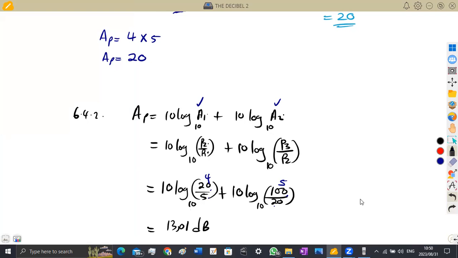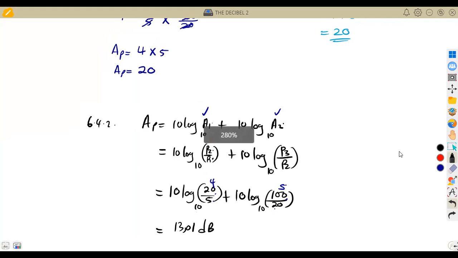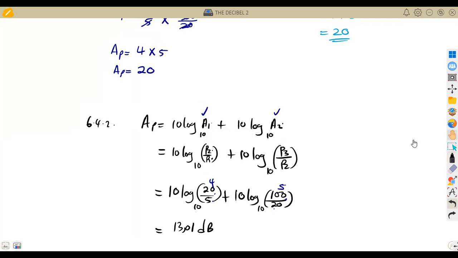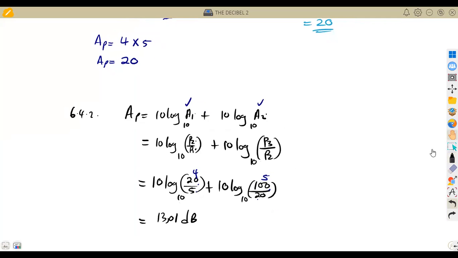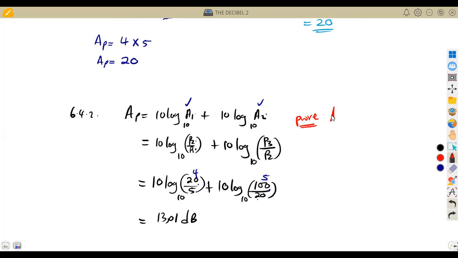That's what I was saying: if you are given the logarithm, our answer is now in decibels. Because you are saying the sum, this is the proper method that you're supposed to use, but you are supposed to prove now if you are obtaining the same answer. Remember, we said this whole part that we see here, which is using the sum, can be shortened as AP equivalent to 10 log.